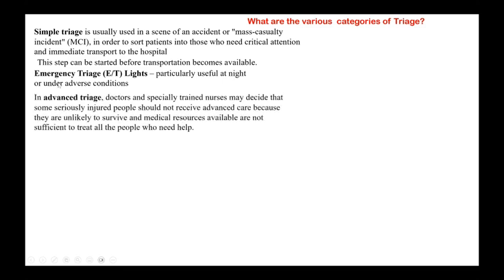Then there is advanced triage, where doctors and specially trained nurses may decide that some seriously injured patients should not receive advanced care because they are unlikely to survive and the medical resources available are not sufficient to treat all patients. So if you have 2 patients with similar injuries and you feel one can be salvaged and another is unlikely to survive, don't waste time on the patient who is not likely to survive.